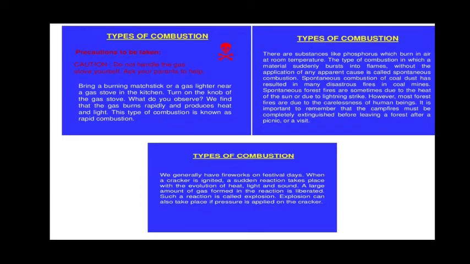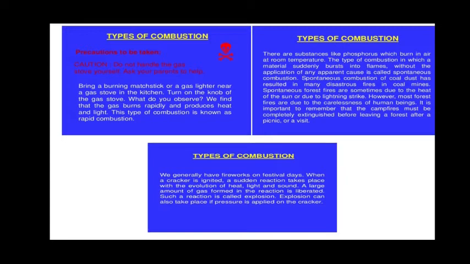Now let us come to different types of combustion. There are three important types of combustion, students. One is rapid combustion, one is spontaneous combustion, and the third one is explosion. I will see each and everything with the help of an example. First one, burning a matchstick or a gas lighter and bringing it near the gas stove in the kitchen.